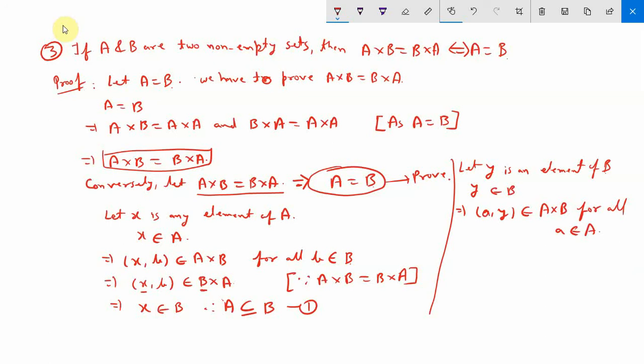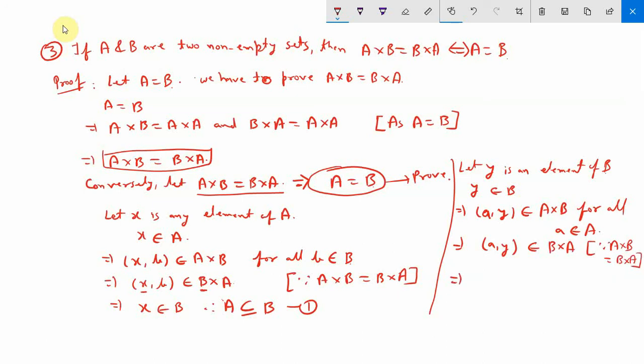Okay. So this we can write AY is an element of B into A, as A into B is equal to B into A. This we have already considered.